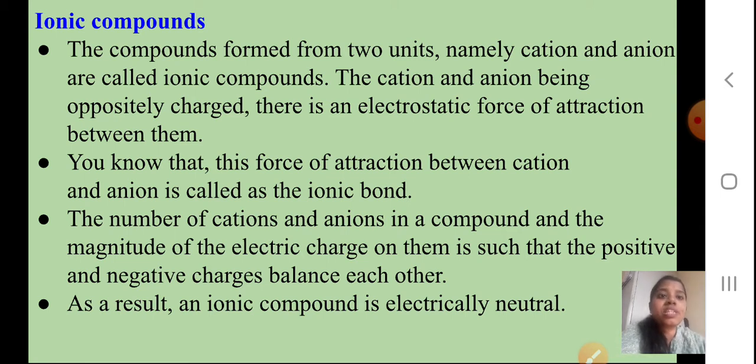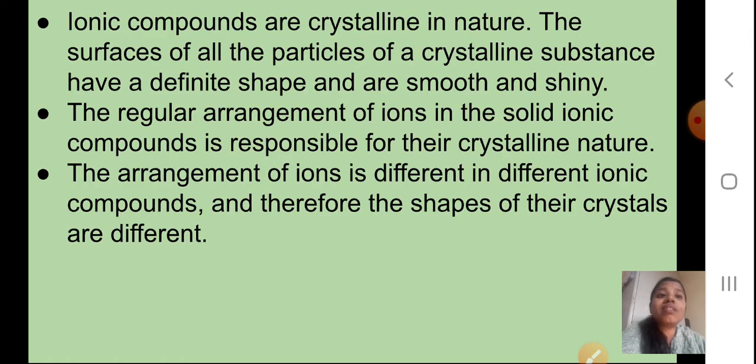Ionic compounds are crystalline in nature. All crystalline substances have a definite shape and are smooth and shiny. The regular arrangement of the ions in the solid ionic compounds is responsible for their crystalline nature.